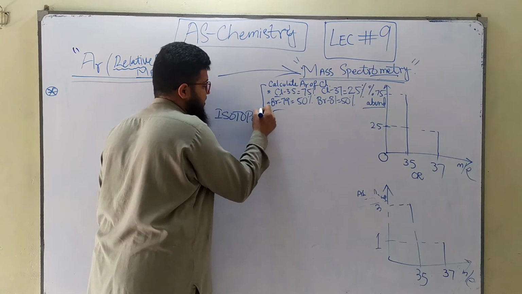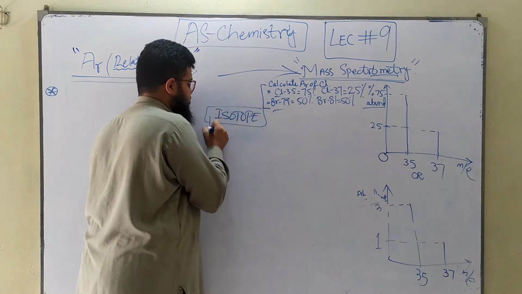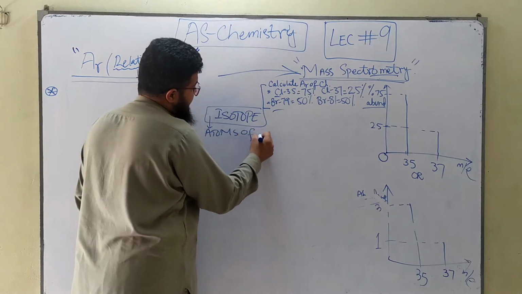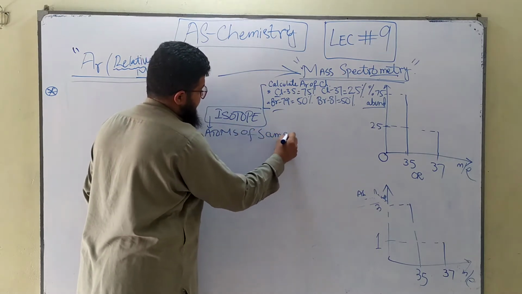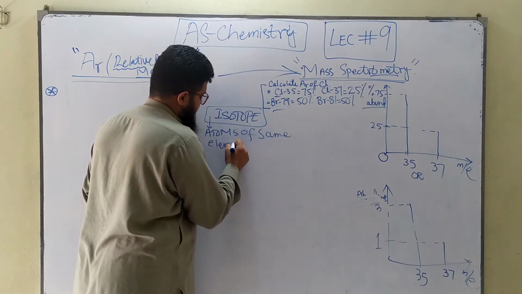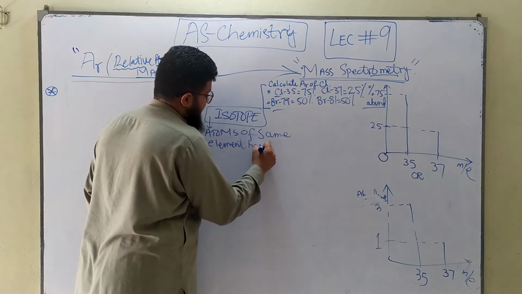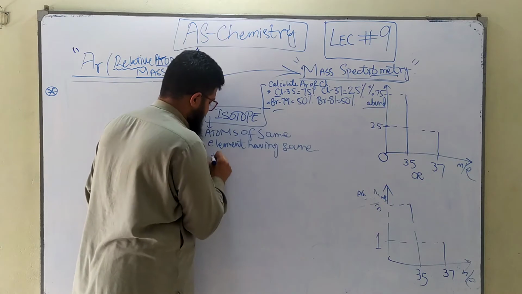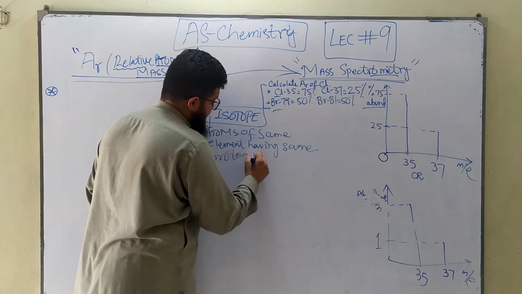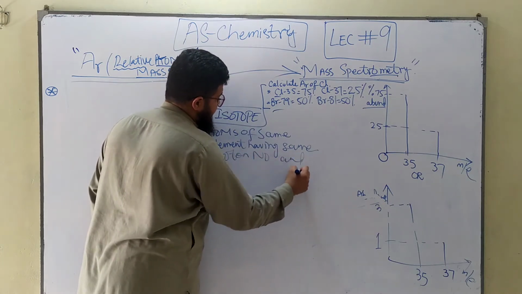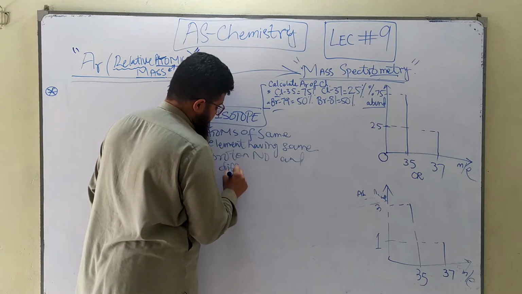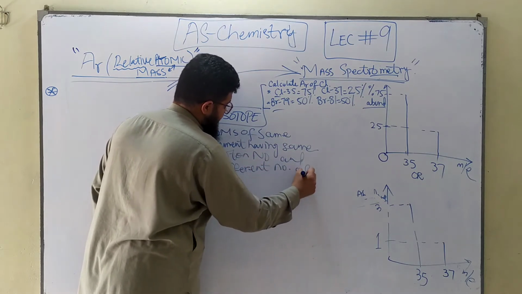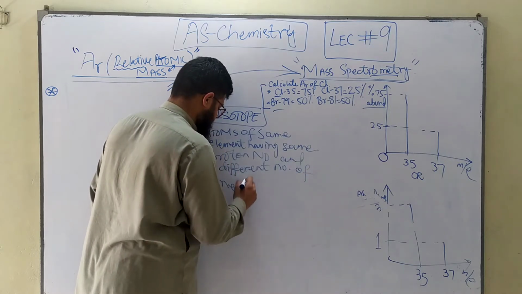Definition of an isotope: isotopes are atoms of the same element having the same proton number and a different number of neutrons.